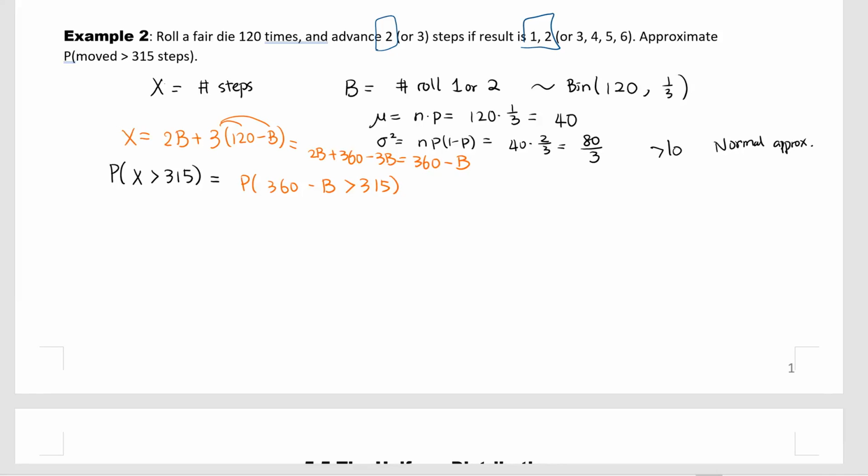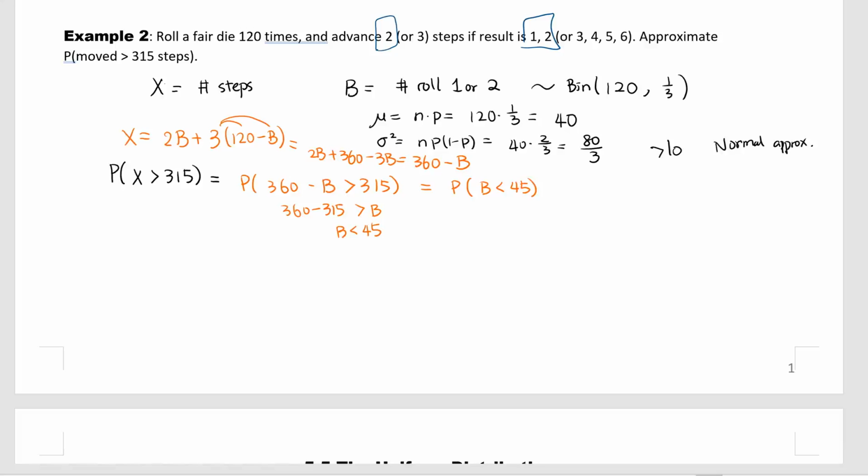What does that mean? We move the B to the other side: 360 minus 315. So B is less than 45. This is the same as saying B less than 45.